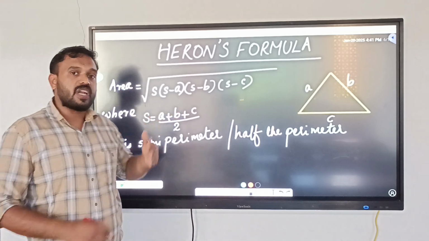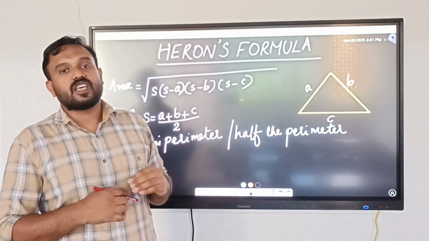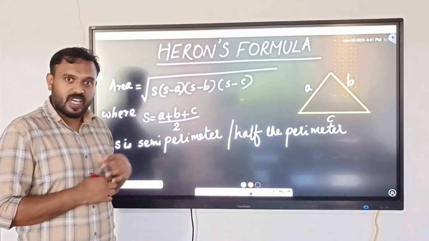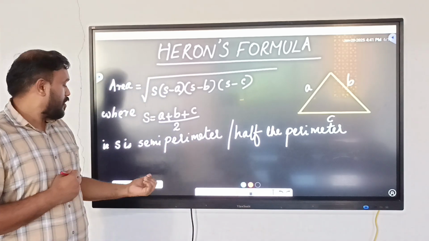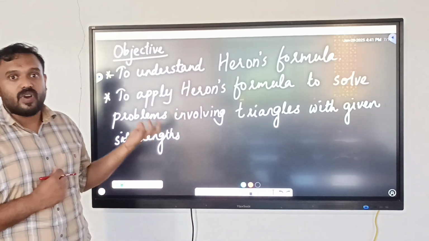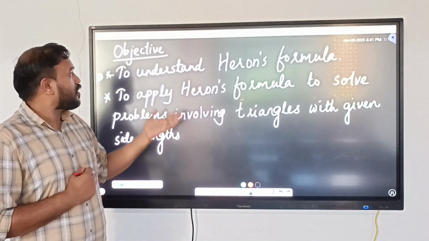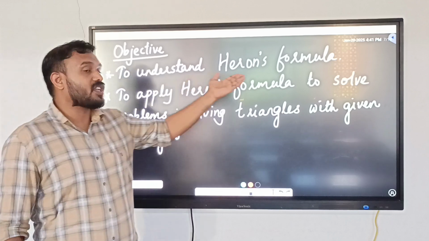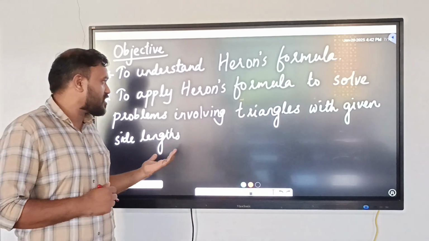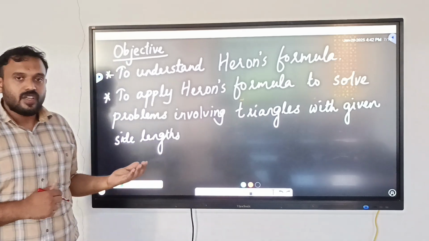So today we are discussing how to apply Heron's formula to find the area of the triangle, and we can understand what is the use of this formula also. What is the objective of today? To understand Heron's formula and to apply it to solve problems involving triangles with the given lengths.